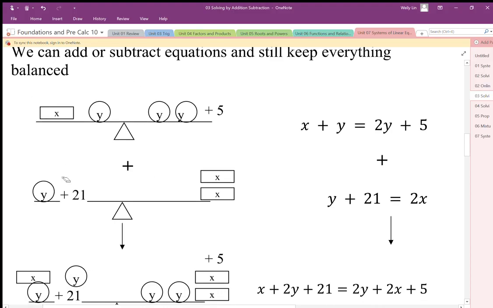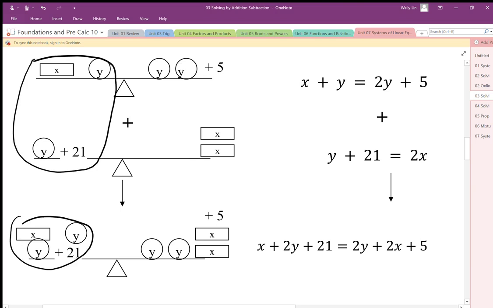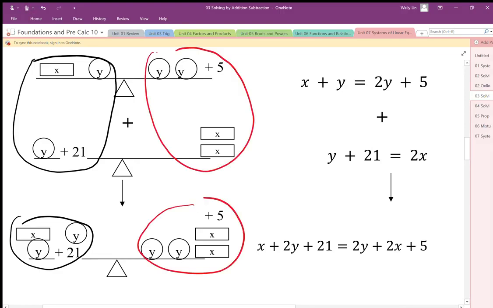What we can do is combine these two balances together. Everything on the left side gets all grouped together, and we end up with x plus y plus y plus 21, or x plus 2y plus 21. We can group everything on the right hand side, and we end up with 2y's plus 5 plus 2x's.